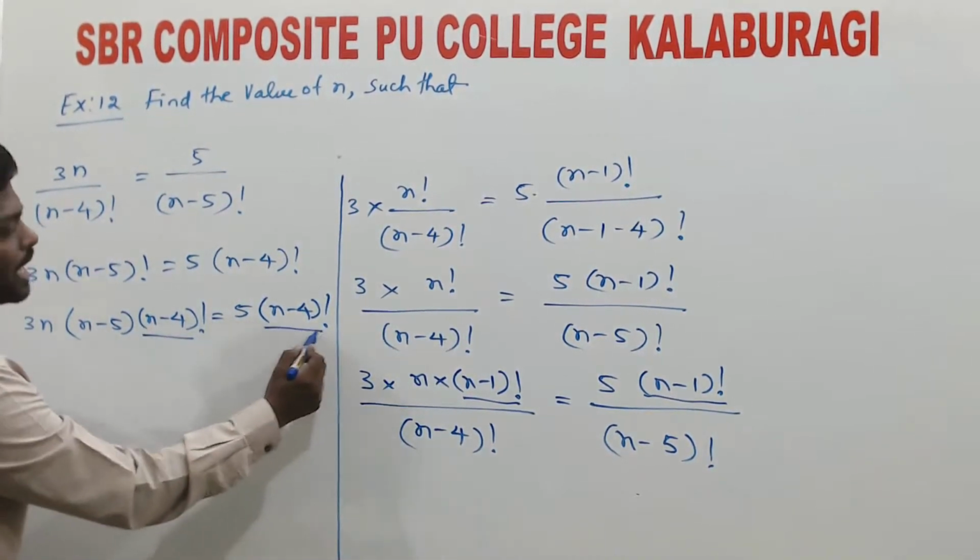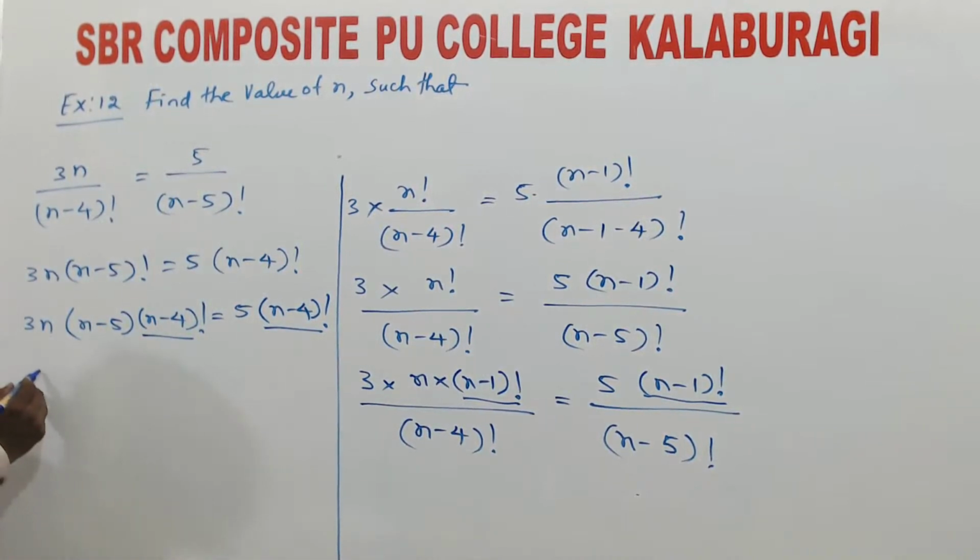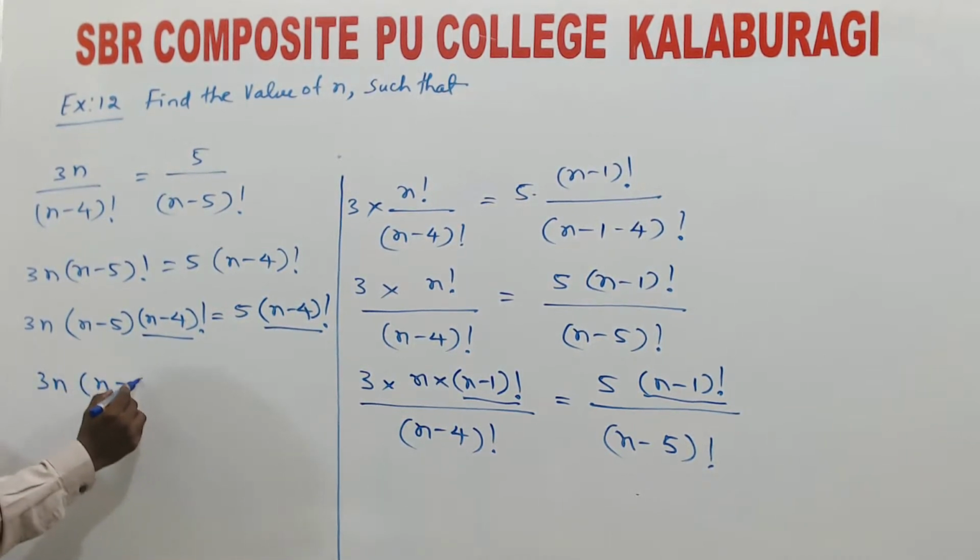So this term and this term get cancelled. So what are we left with? Right, so 3n, n minus 5.